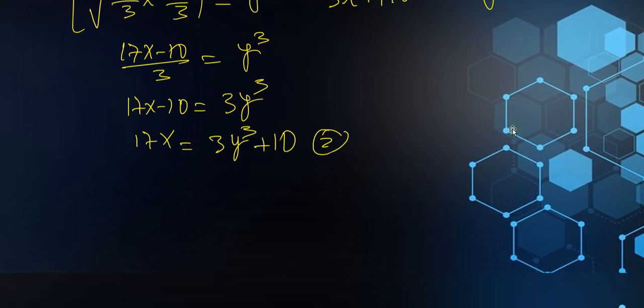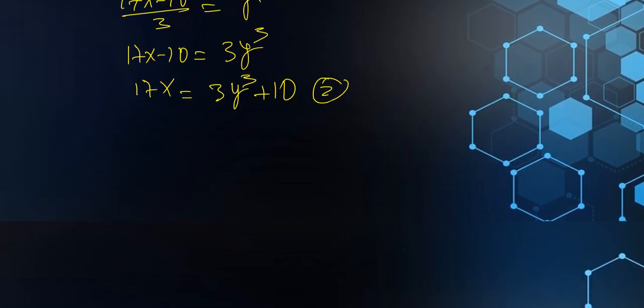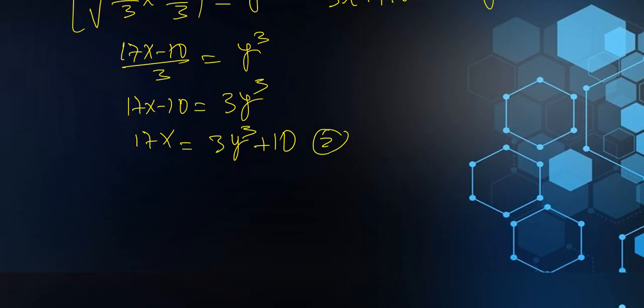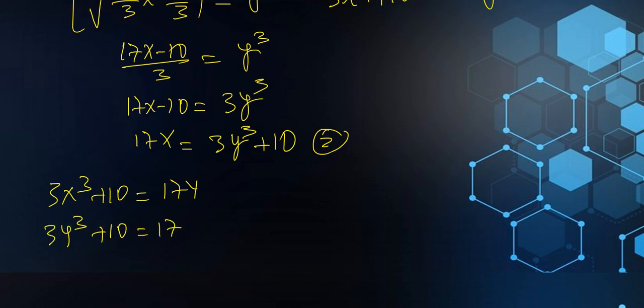So now let's put them together. Let me write them like this. This is then 3x to the 3 plus 10 equals 17y. And now let's write this one here, 3y to the 3 plus 10 equals 17x, right?